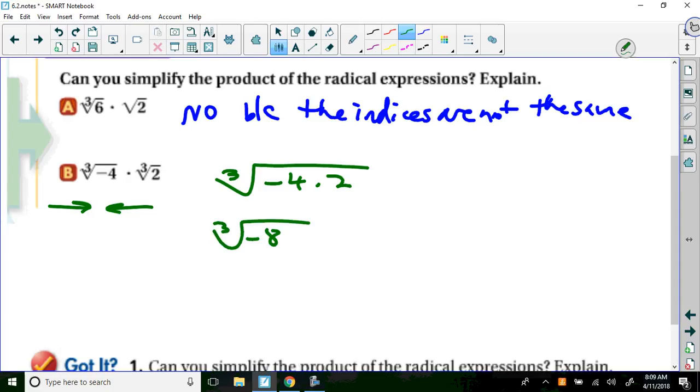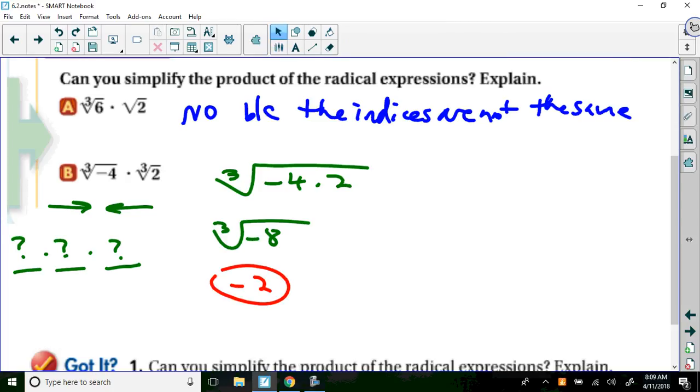Now, is it possible to take the 3rd, 5th, 7th, 9th odd indexed root of a negative number? It is. So we're asking ourselves, what number times itself a third time equals -8? And it's got to be -2, right? So whoop, there it is, -2.